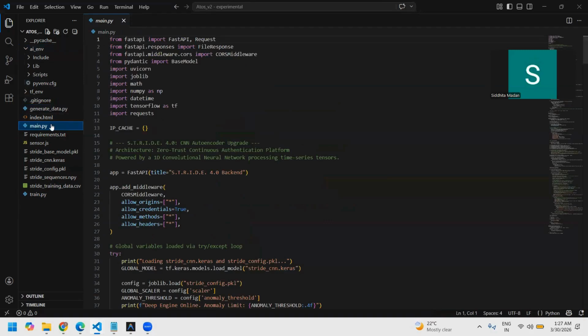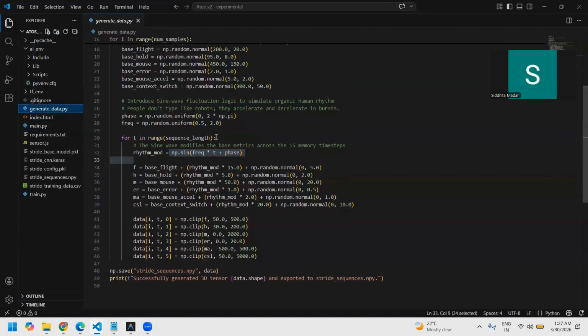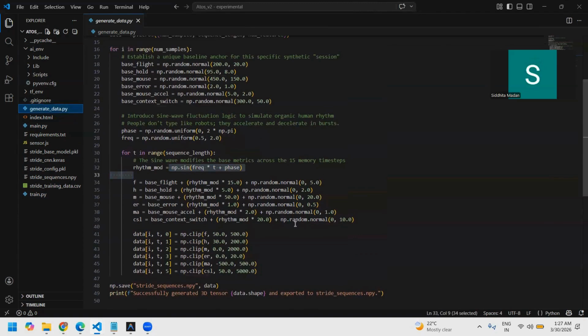So now I would like to explain the code base. So about the database, we are using a synthetic database. It has 5,000 rows and six features, as I mentioned earlier. And also, I would like to highlight that we are using sine wave because we have analyzed that human behavior is not linear.